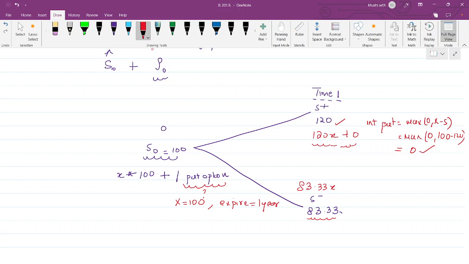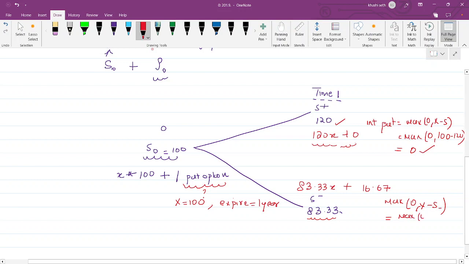Please tell me what is going to be the intrinsic value of the put. 16.67. Max of 0, X minus S minus, which is max of 0, 100 minus 83.33, which is 16.67, right?